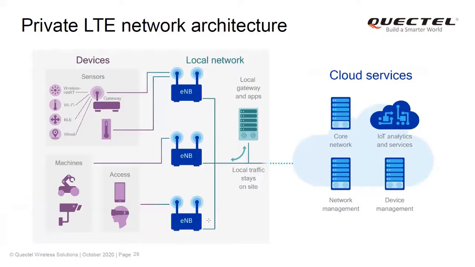So this is also possible now in current technology. 5G only enhances it. Local network has eNB nodes. This is the so-called BTS, what we call them in 2G networks, which are local and communicate through a gateway with the cloud services. So some traffic stays inside.